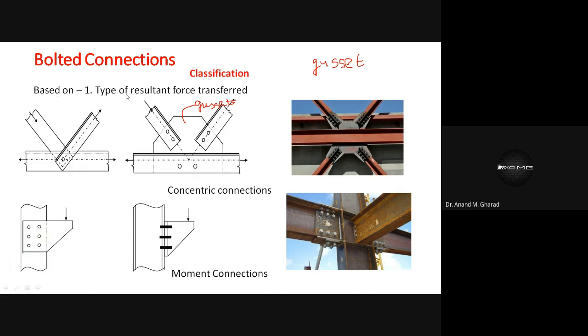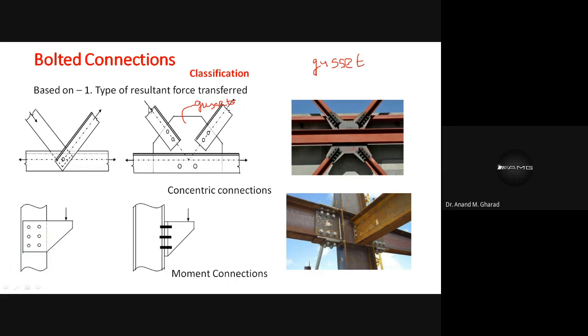Based on the type of resultant force which is getting transferred, the bolts are classified. This is the first type of classification. Over here, what do you observe? That the forces, as you can see, are assumed to be passing through the center of the connections.